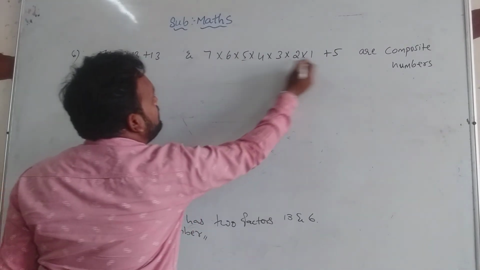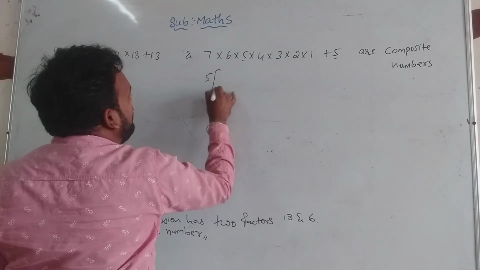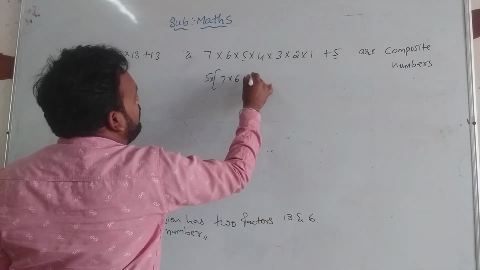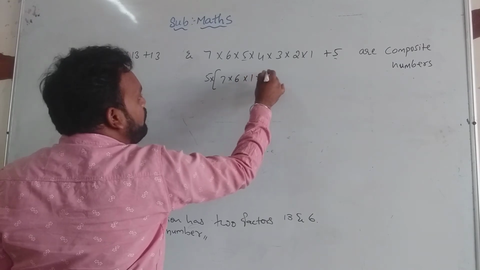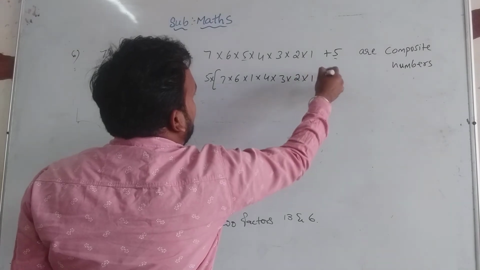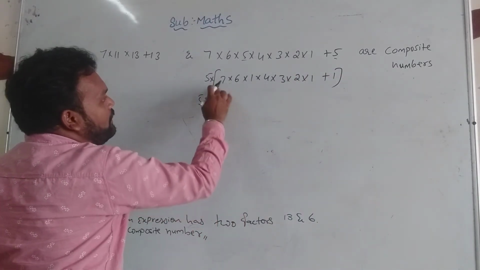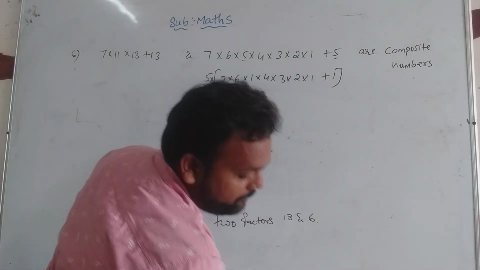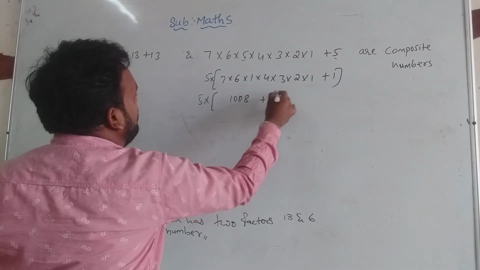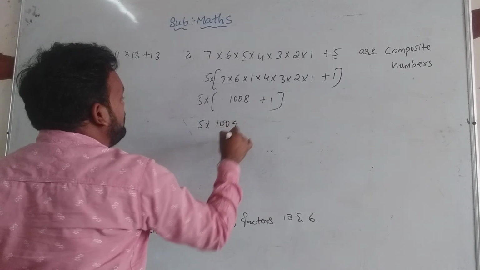Here also 5 is there, here also 5 is there. Take the common factor 5 outside. The remaining is 7 into 6 into 5 into 4 into 3 into 2 into 1, plus 1. If you multiply, you get 1008 plus 1. So it is 5 into 1008 plus 1, which is 1009.